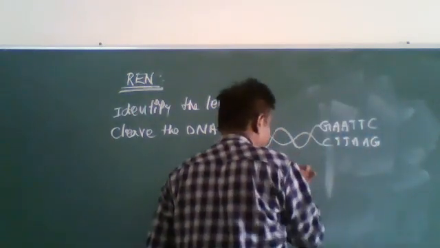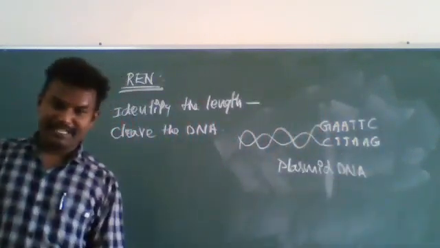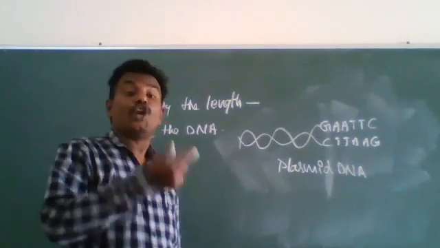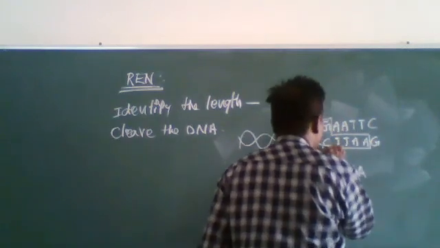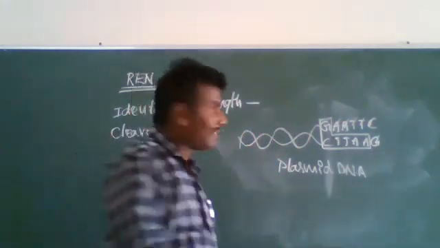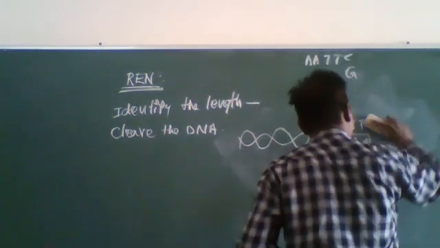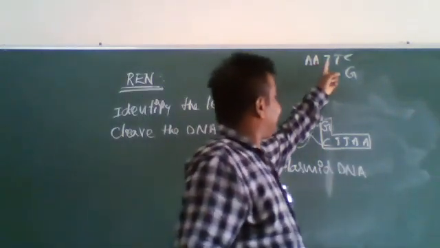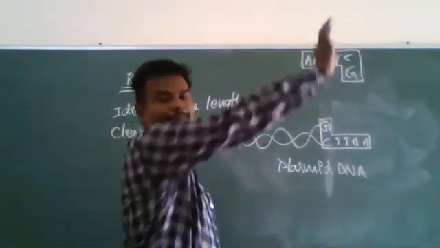Restriction endonuclease can identify the length and cleave at specific locations of the DNA. How will it cleave? Exactly, this part will cleave. Like that it will cleave, and that cut part will be decided.